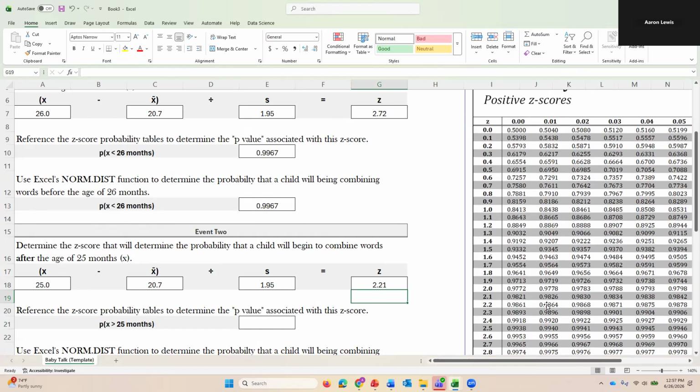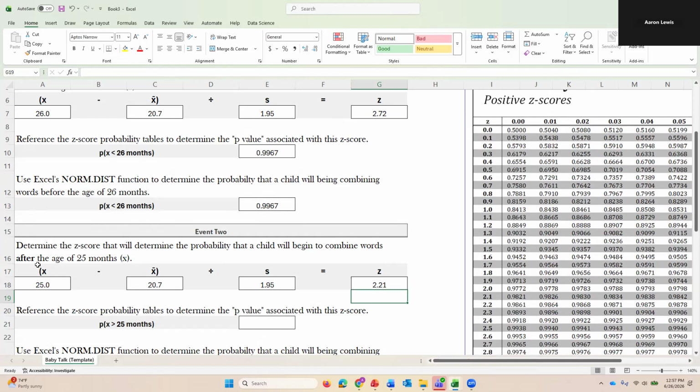And if this is the probability of before, the probability of after has to be the complement of that. In this case, if you have a 98.64% chance of speaking in sentences before 25 months, you would have a 1.36% chance, the complement of that, of speaking after.